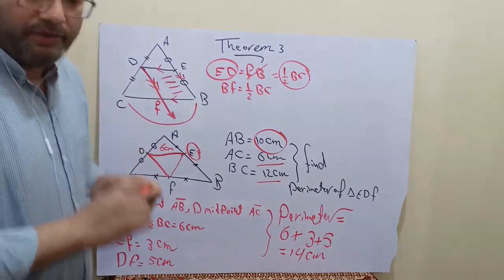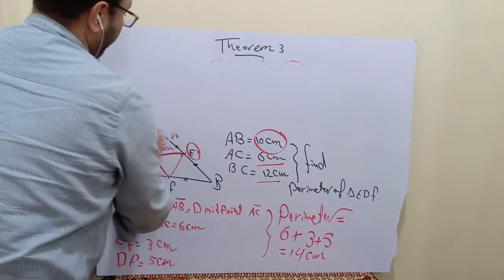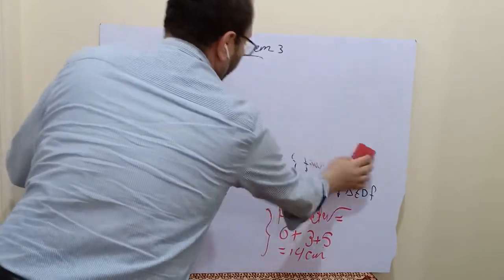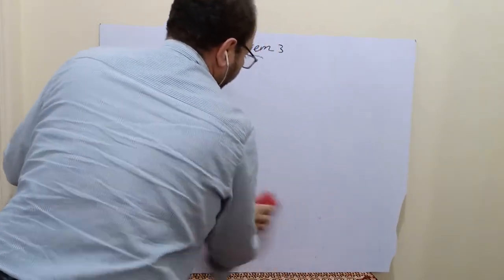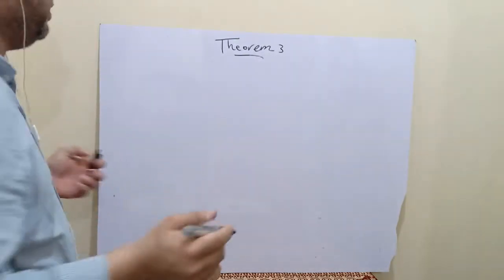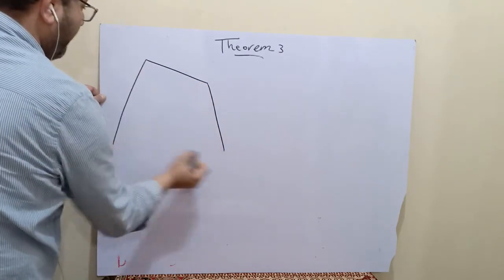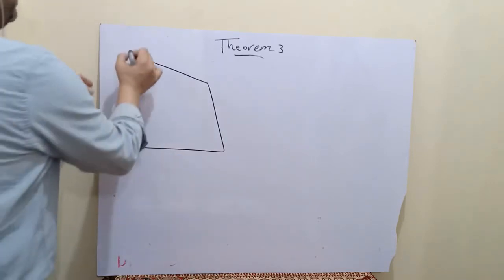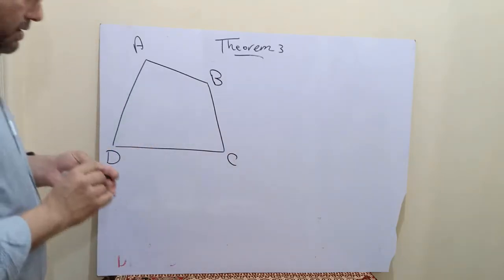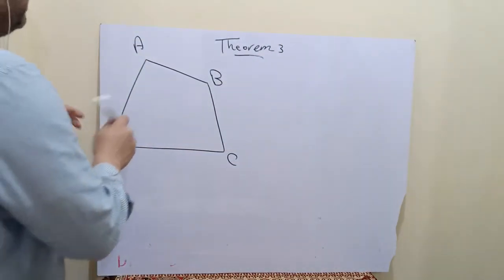Okay, another example. If we have a quadrilateral, any quadrilateral with 4 sides, A, B, C, D, X, Y, Z, L is the midpoints of its sides.